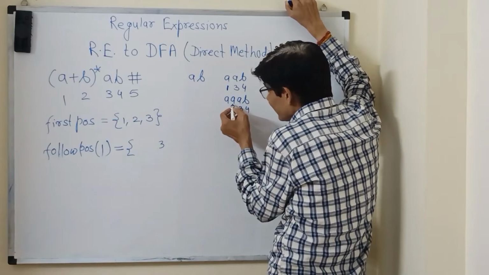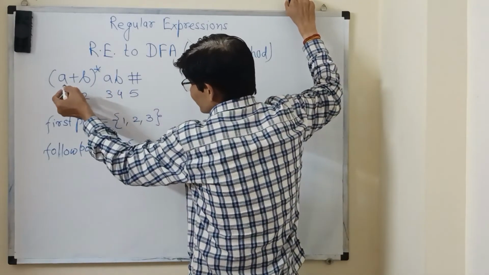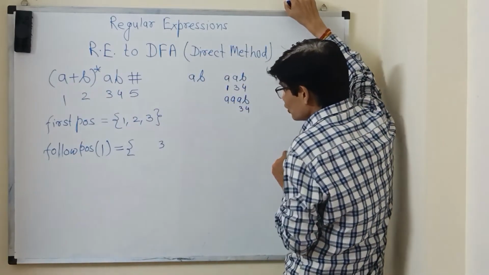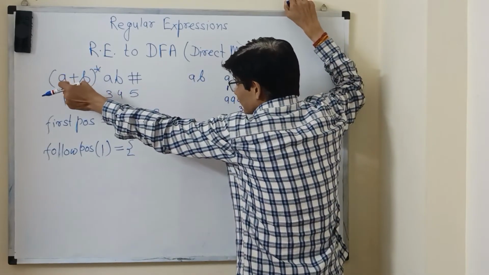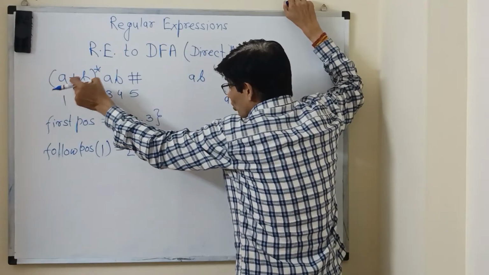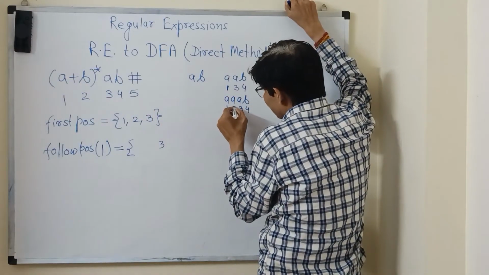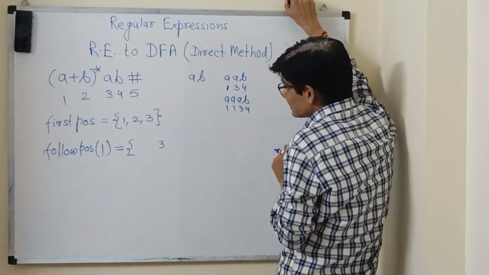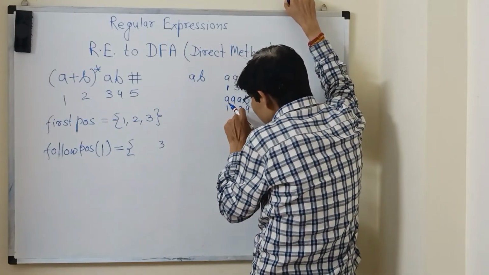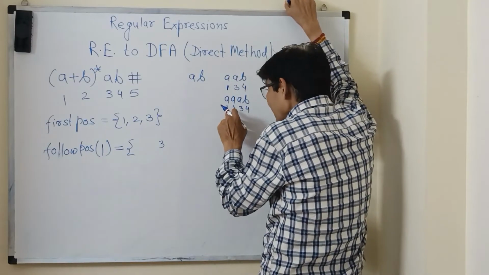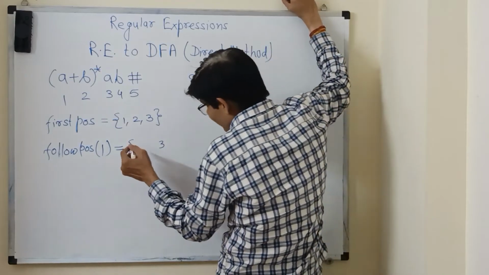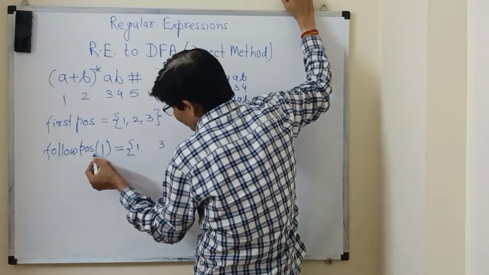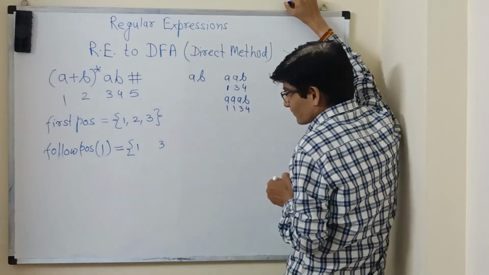Now these two A have come from this particular Kleene closure, so both these A are 1 only. Now you can see, my friend, which is following 1 here. 1 is following itself. So we can include 1 in the follow set of 1.